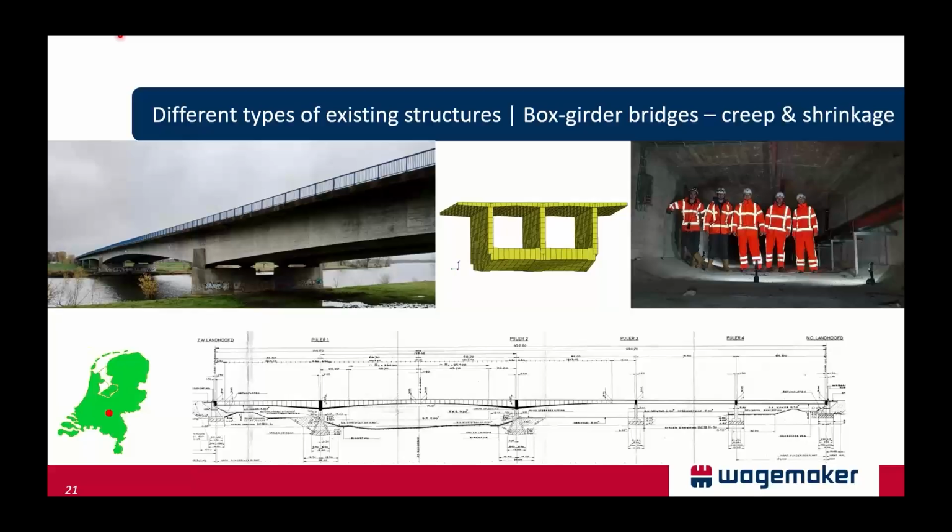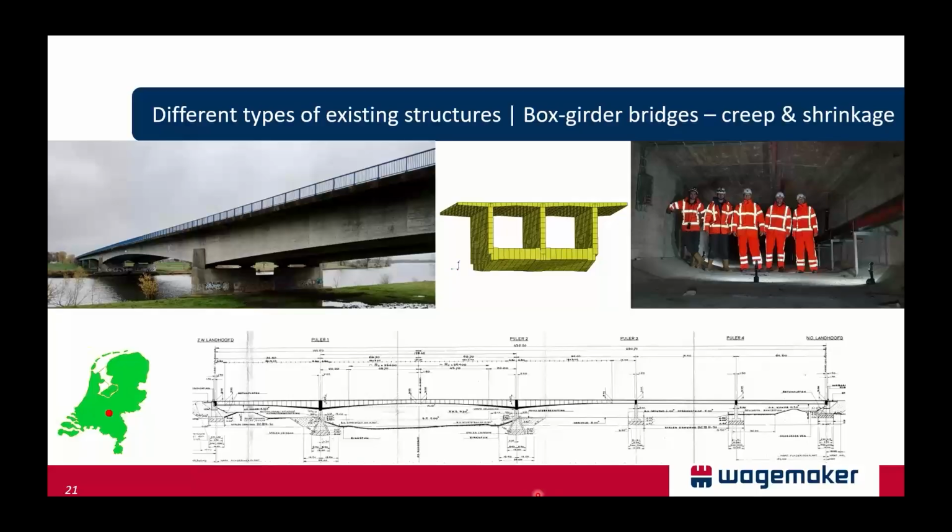140 meters. The box-girder has 2 cells, as shown in the middle picture here. And the height of the cross-section is between 3 and 6 meters. This bridge was constructed around 1975 and is made of normal strength concrete. And it has a lot of prestressing inside, both in longitudinal, transverse, and vertical direction.